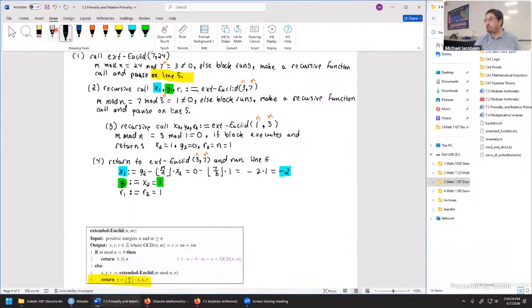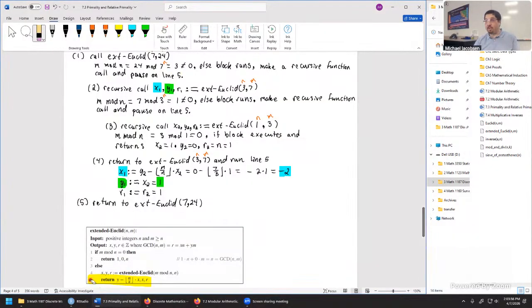Okay, let's do this final return. This is now step 5. We're now returning to extended Euclid 7,24. Once we had the values for x1, y1, r1, this pause is done.